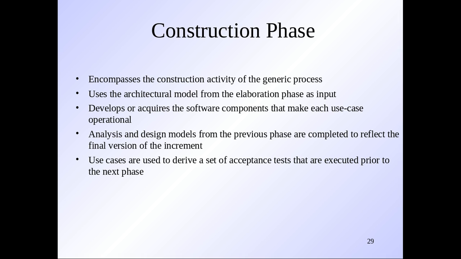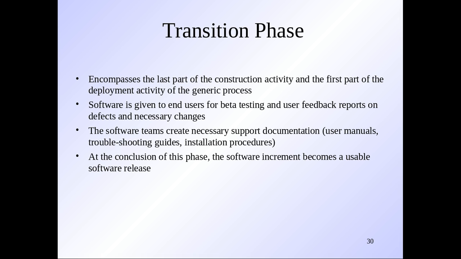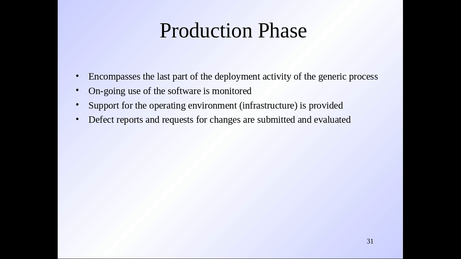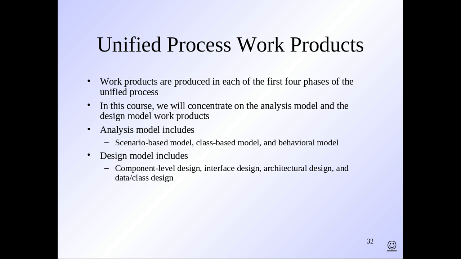This should be the construction phase, and the transition phase. In the transition phase, we already discussed beta testing and customer feedback also. In production, deployment of the generic process. Now, unified process work products.